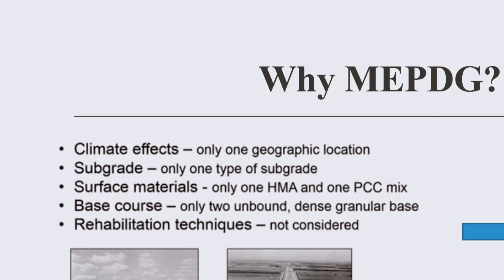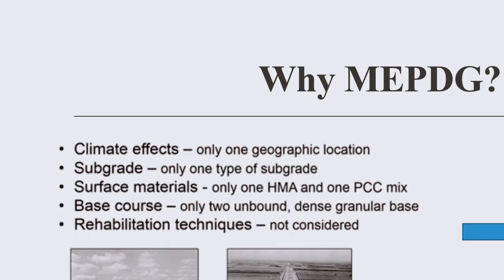Now, we are aware that climate affects our pavements. So the behavior of a particular pavement in Kaduna will be different from Lagos, all things being equal. Even with the same traffic, everything, there will be differences, just because of the effect of the location, that's the climate.